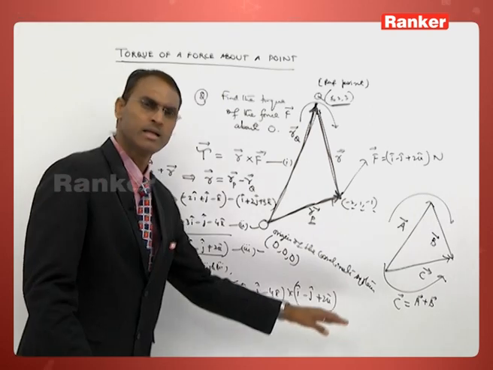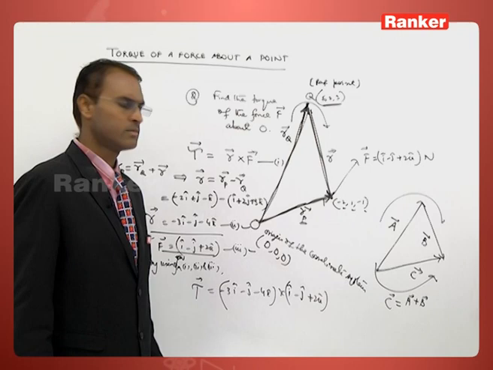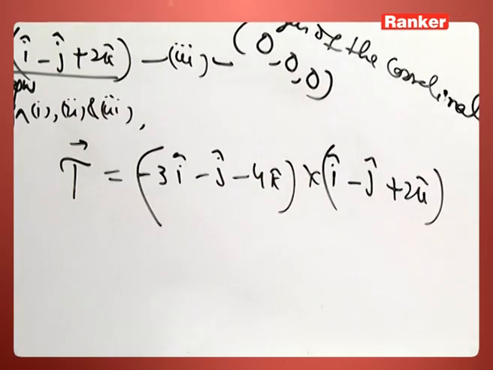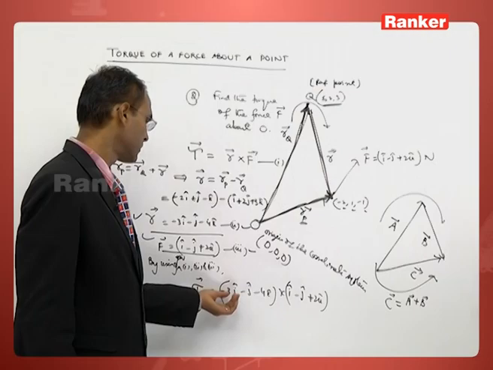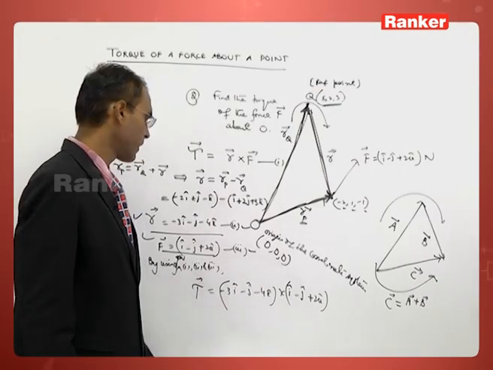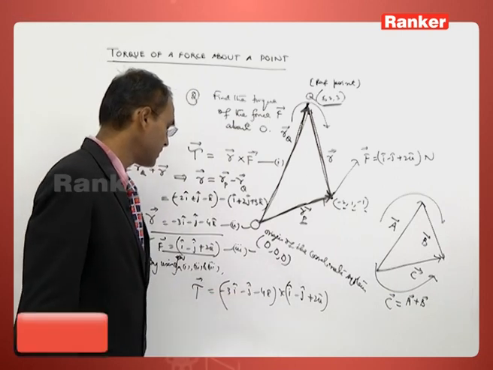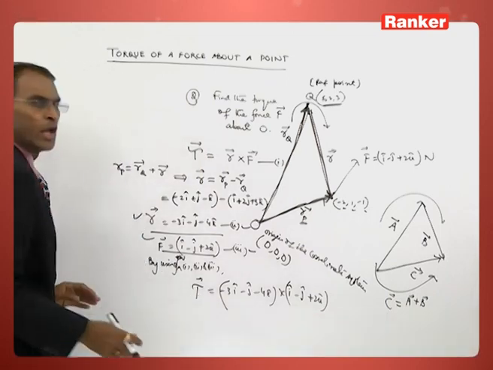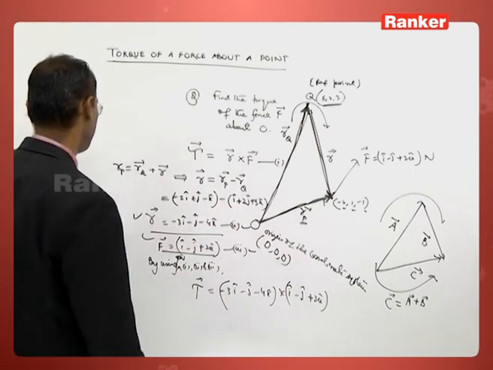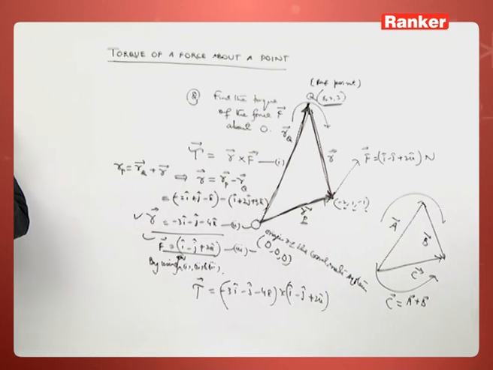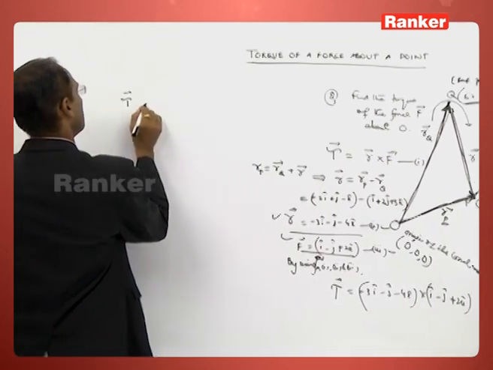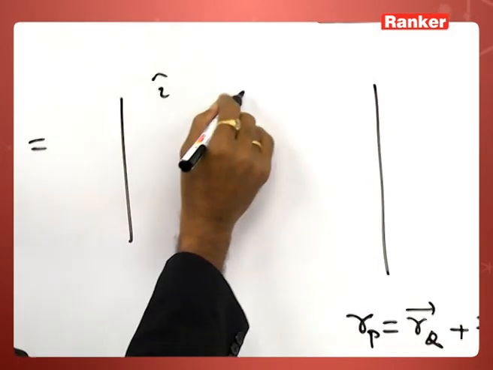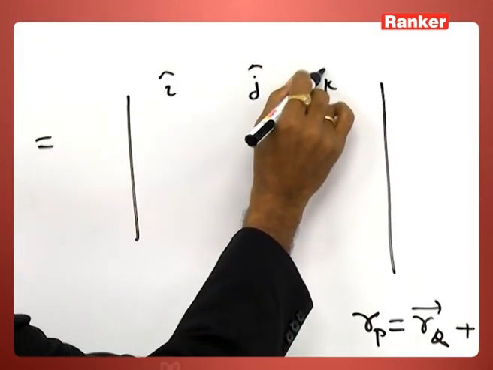And to evaluate this cross product, either you can go directly by expanding these terms or expanding these brackets, or you can use the tabulated form, like in determinant form. We have i cap, j cap and k cap.